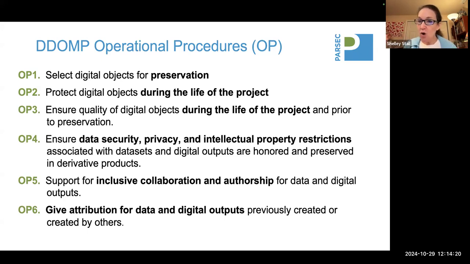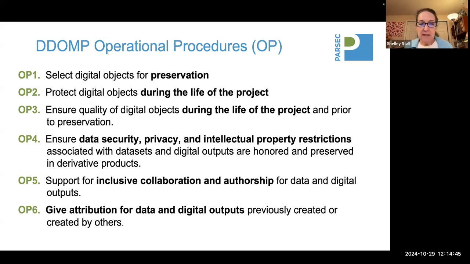How do you make sure you don't overwrite something? What does it mean to provide data security and privacy, intellectual property restrictions? You have to know what all of those are for each of the data sets, especially if you're using somebody else's. And what does it mean for derived data sets? And then applying those same things to other digital objects.